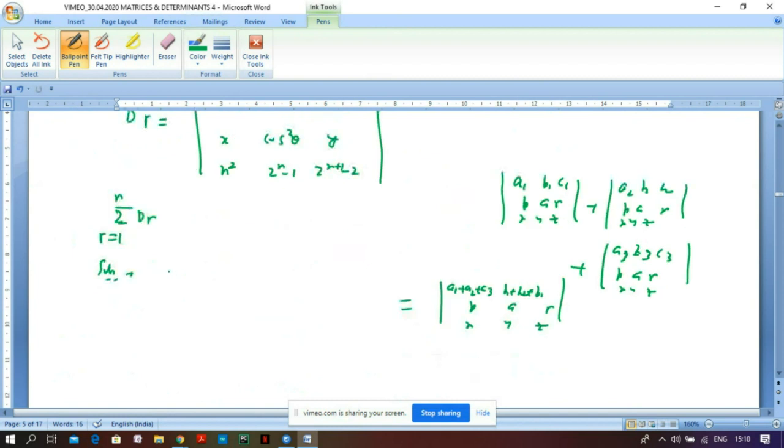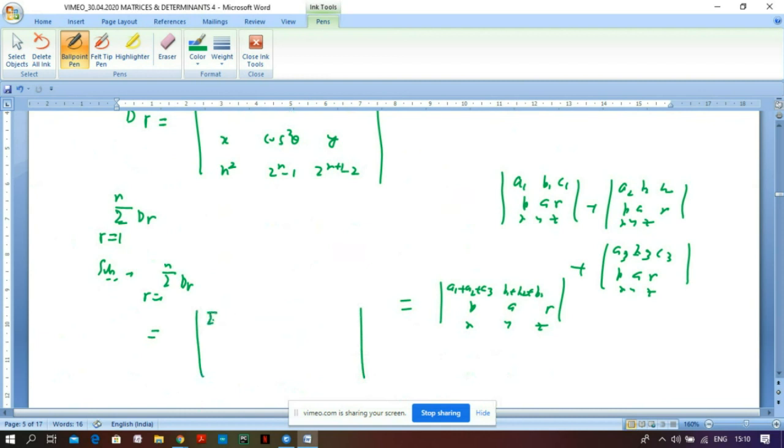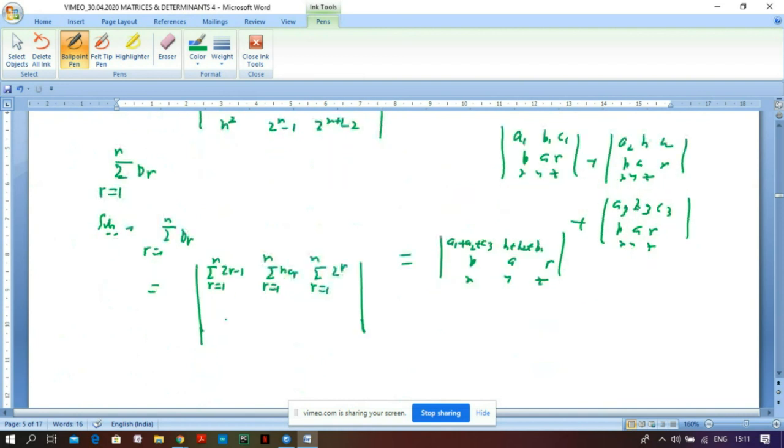So with this notation, sigma D r, r equal to 1 to n, the sigma transfers to the first row. So you are getting sigma of 2r minus 1, r equal to 1 to n, sigma of n choose r, notice r is 1 to n, and sigma of 2 to the power r, which is a GP, still r is 1 to n. And then you have x, cos squared theta and y, and n squared, 2 to the power n minus 1 and 2 to the power n plus 1 minus 2, which don't depend on r.